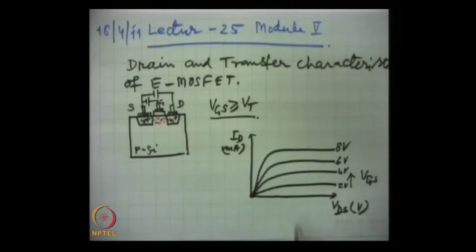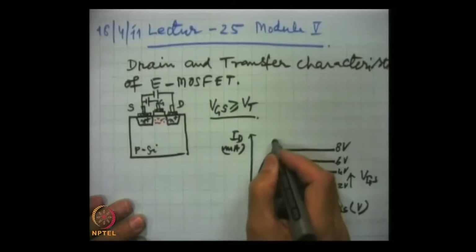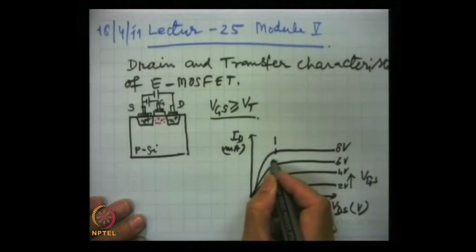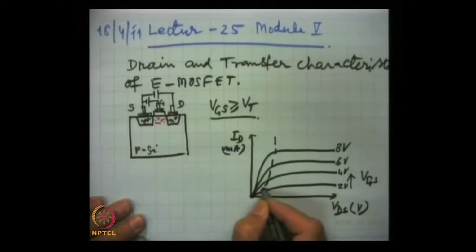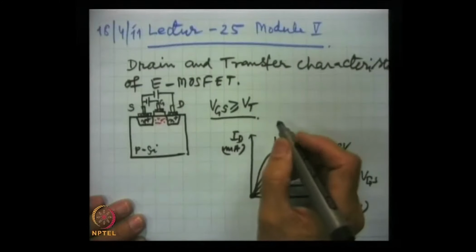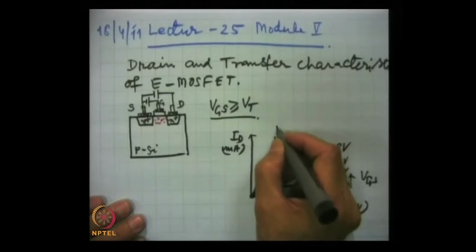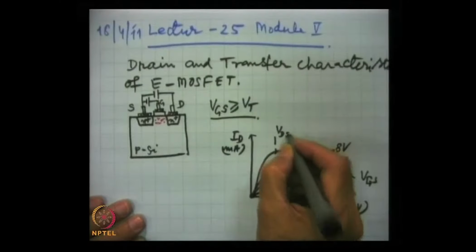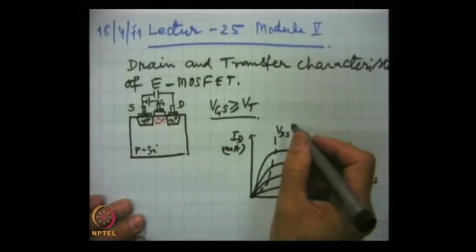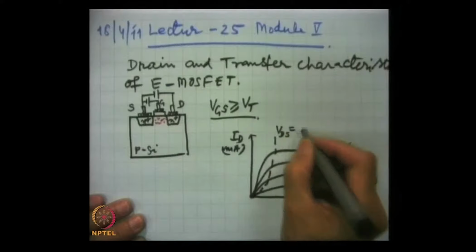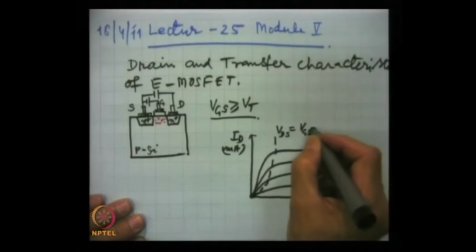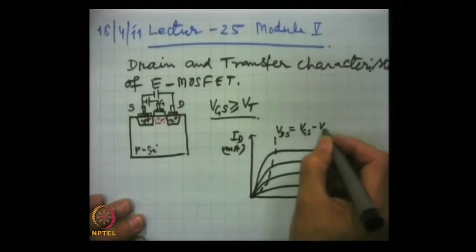Now, these characteristics can be divided into 3 regions. Here the locus of these points where a kind of saturation region starts, as we have seen earlier as well, VDS has to be equal to VGS minus VT.